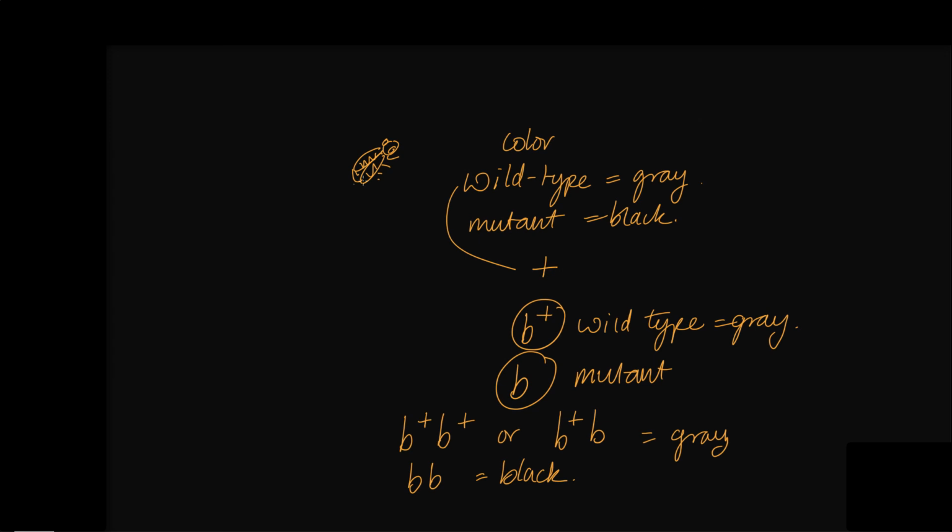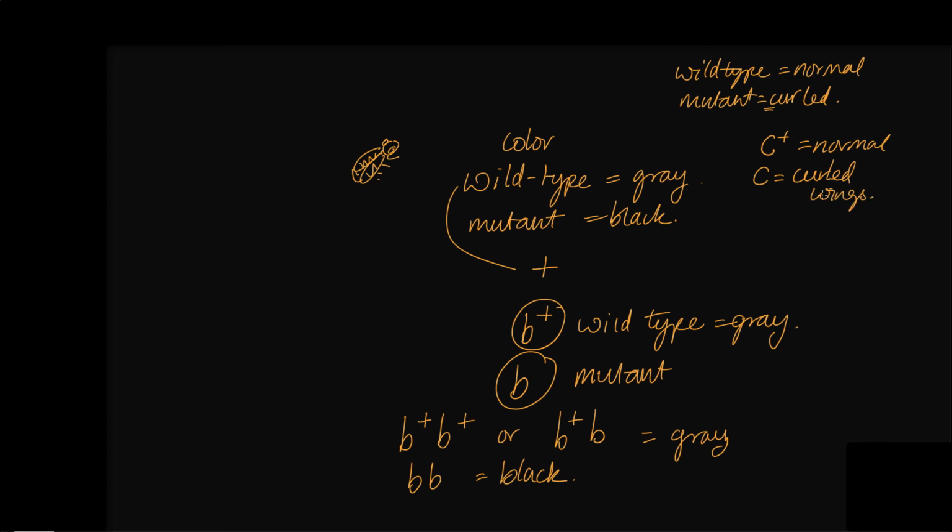So let's pick another trait that we could follow in Drosophila. If it was going to be wing shape, and wild type is normal wings, and the mutant is curled wings, well then we're probably going to use a C. So C plus is the allele that calls normal wings, and C is curled wings.